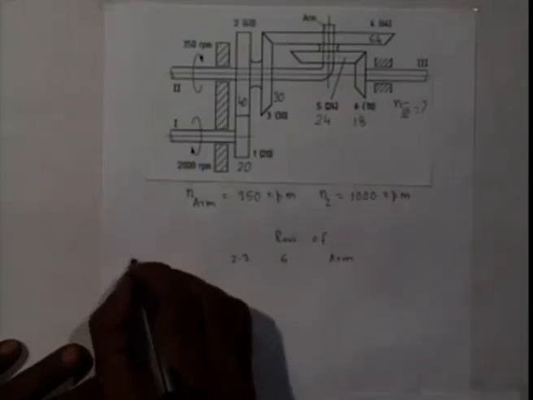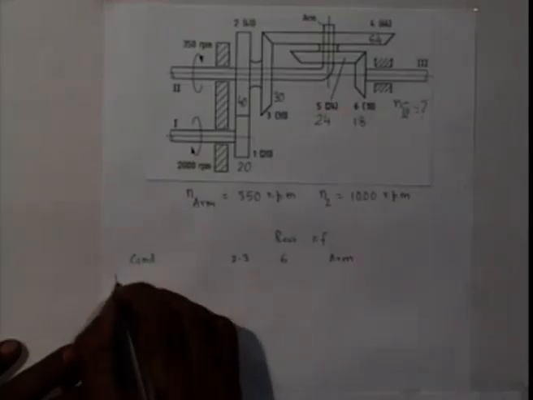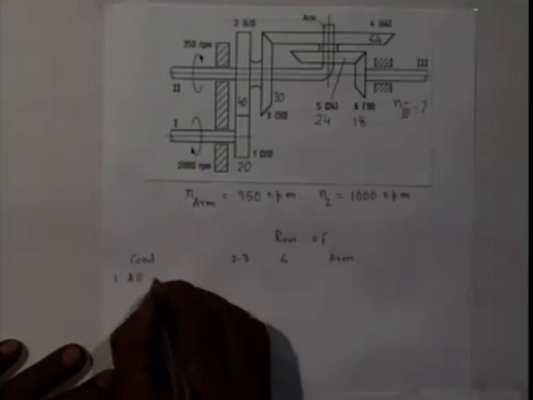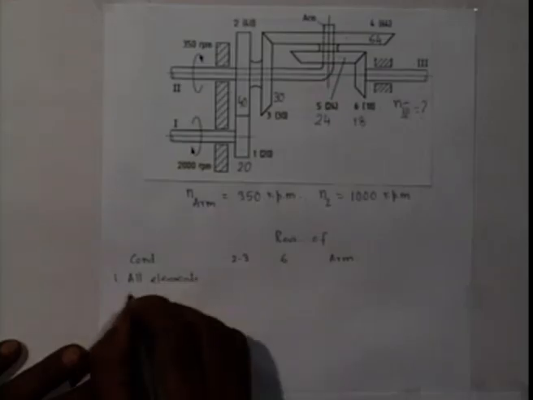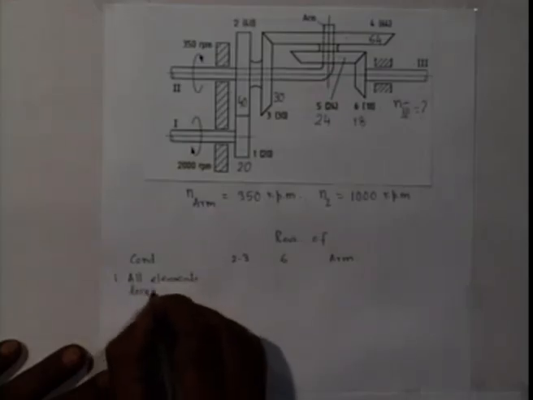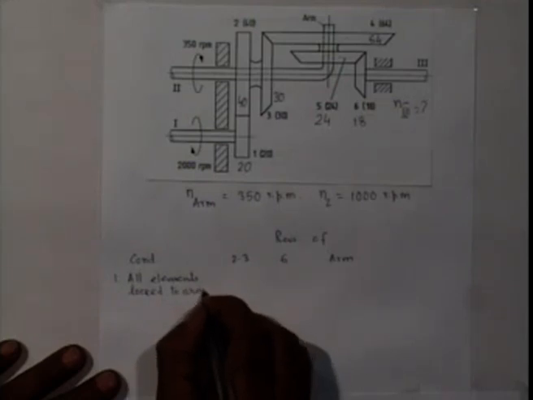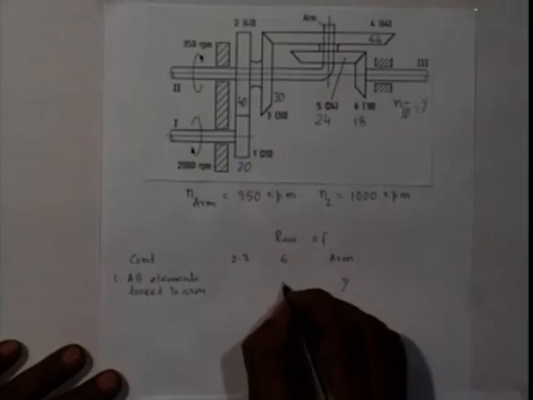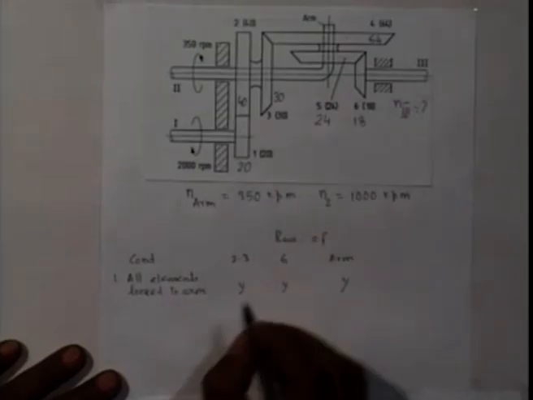Then we write condition. First condition, all elements locked to the arm. And if arm is given y revolution, then 6 gets y revolution, 2 and 3 also get y revolution.